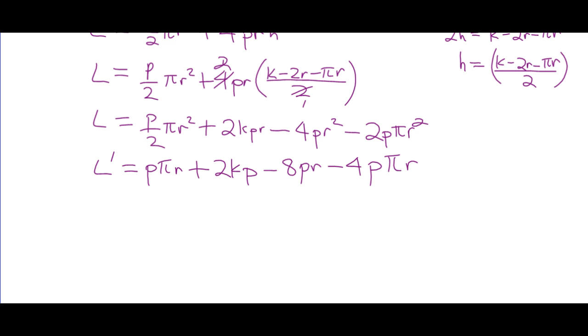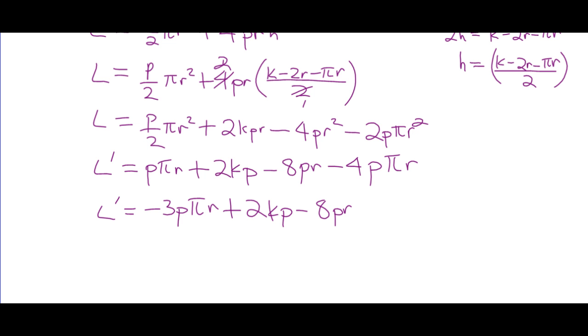Anything collect there? Oh, we've got p pi r's, so we can combine them. So negative 3 p pi r plus 2kp minus 8p r.